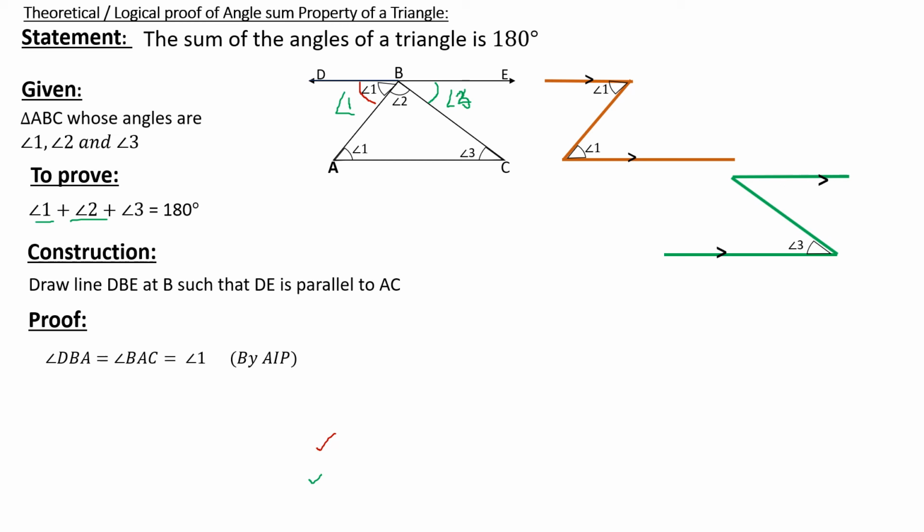So this angle should also be equal to angle 3, because they are alternate interior angles and these two lines are parallel, taking BC as the transversal. So this is also 3. The same AIP is used here. This angle 3 means this angle is also going to be 3. So you have proved this now, and I'll just erase this one so that you don't get confused. These markings I was drawing just to enable you to understand it.